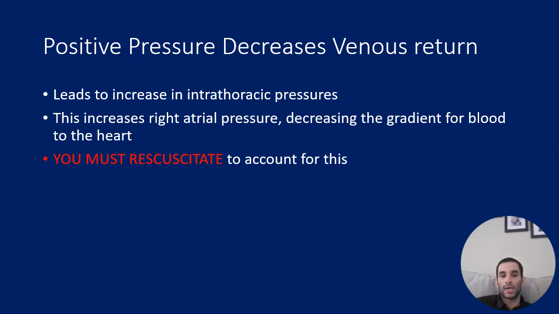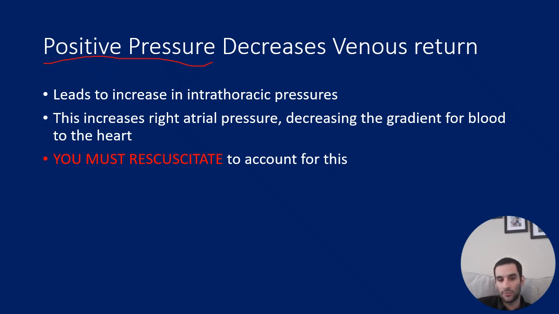Now, I want to come back to something that I said on the first page when we were talking about air going in and out, and I said that we breathe via negative pressure, meaning we suck air into ourselves normally. When you start using the bag valve mask, or CPAP, or BiPAP, or intubate the patient, you are now transitioning that patient from negative pressure to positive pressure.